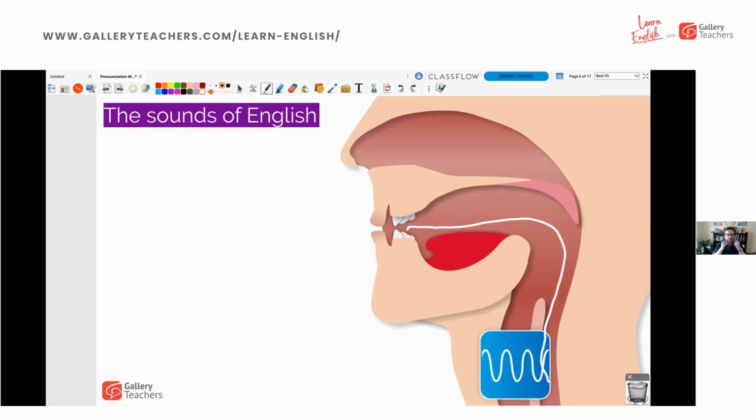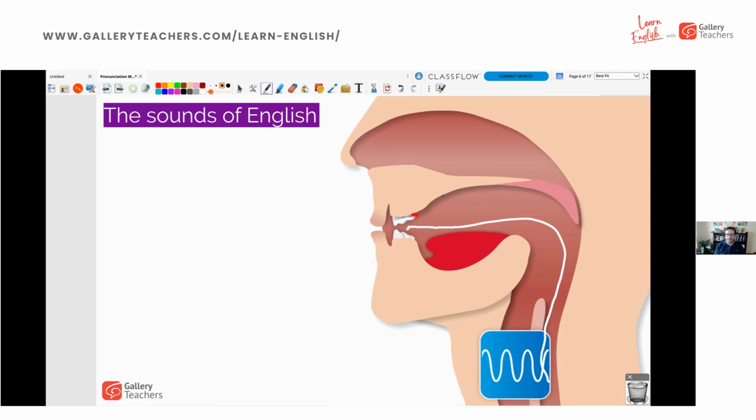So just move your tongue around the different parts of your mouth. So we've got the lips. The lips are important, and your tongue can be behind the teeth here, or perhaps your tongue is going to be touching here, just above your teeth.